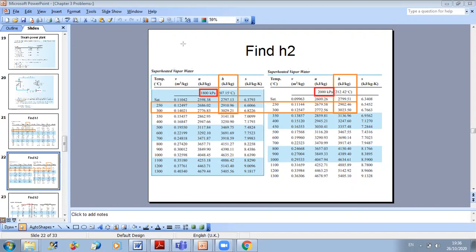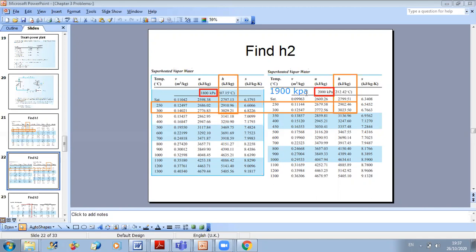Since you want the value for 1900 kilopascal, you should find what H is in this table and what H is in the other table. Then you take the middle value, because 1900 is just in the middle between 1800 and 2000. And if it's not in the middle, if I give you, for example, 1950 kilopascal, then you do another interpolation.